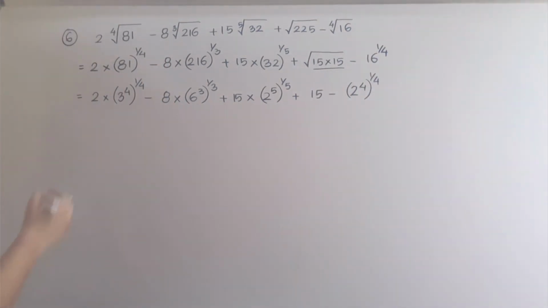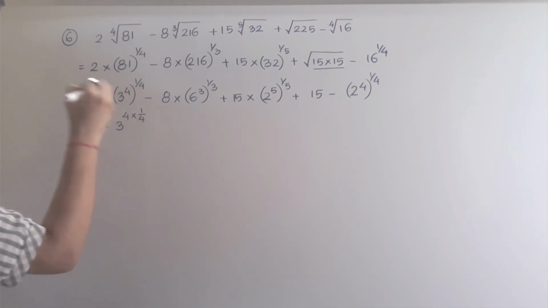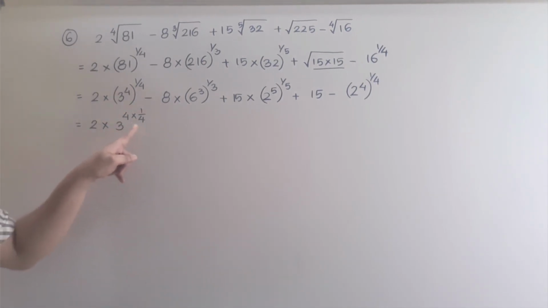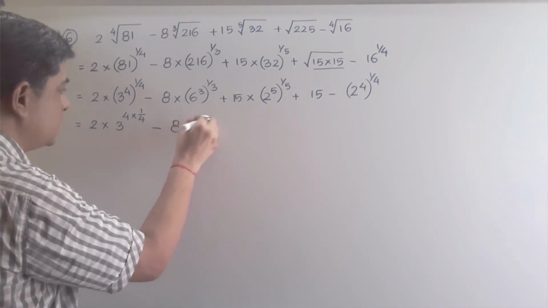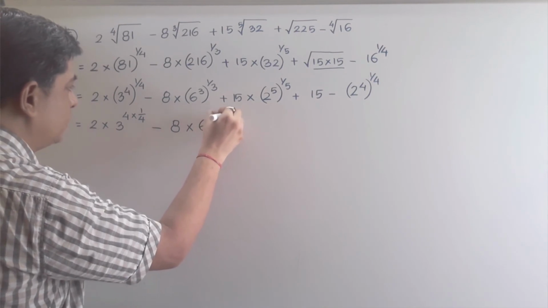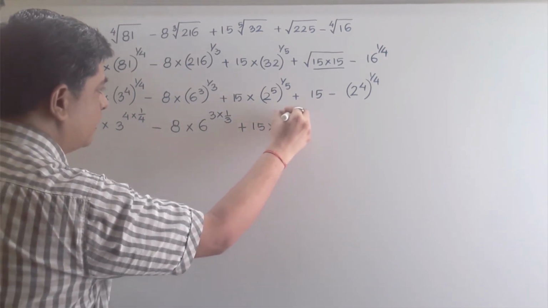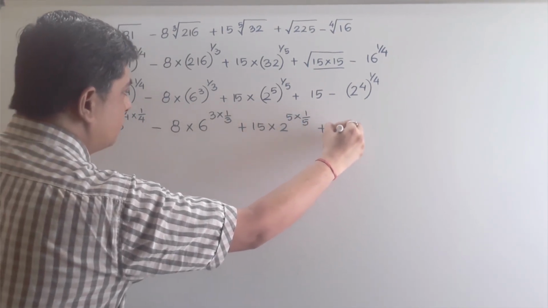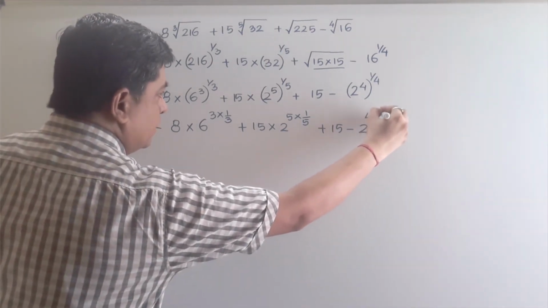Okay. Now here 4 and 1 upon 4 will be cancelled because they will be multiplied. The formula you know, that is a to the power m whole power n is equal to a to the power m into n. So minus 8 into 6 to the power 3 into 1 upon 3, plus 15 into 2 to the power 5 into 1 upon 5, plus 15 minus 2 to the power 4 into 1 upon 4.